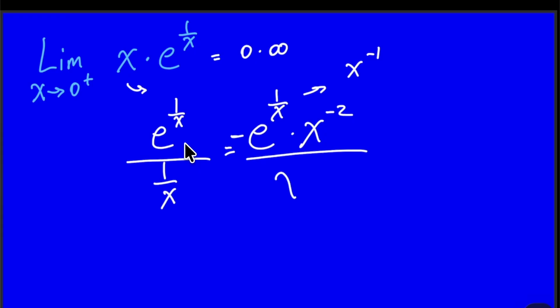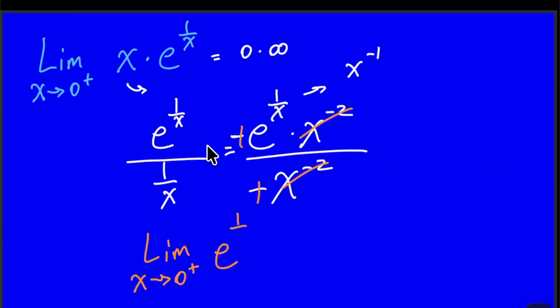On the bottom, we're going to have negative x to the minus 2, for the same reason that we did on the top. We see that these conveniently cancel out, the negatives cancel out, and we're left with the limit as x approaches 0 from the right of e to the 1 over x.